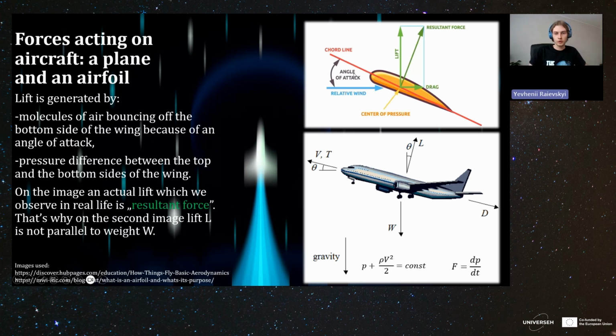So those molecules, when they move to the right, split into two parts, the bottom one and the upper one. In the bottom part, of course, the majority of molecules go at the bottom, and the other part goes up.